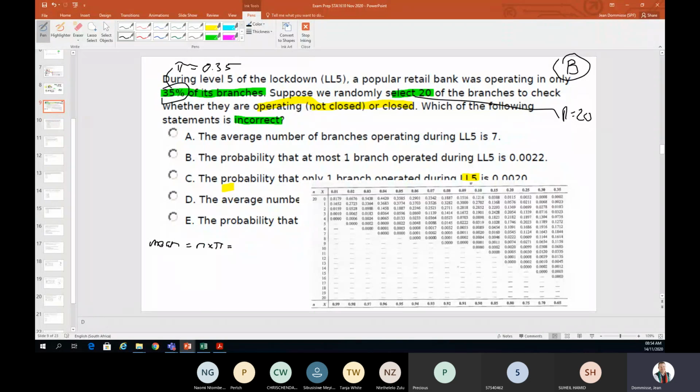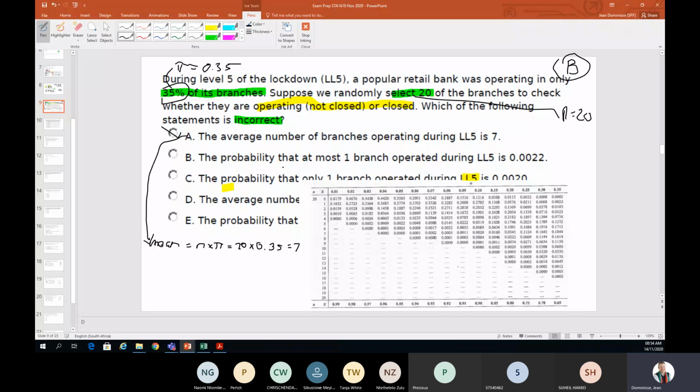So n is equal to 20 times 0.35, and that is equal to 7. So that is correct.